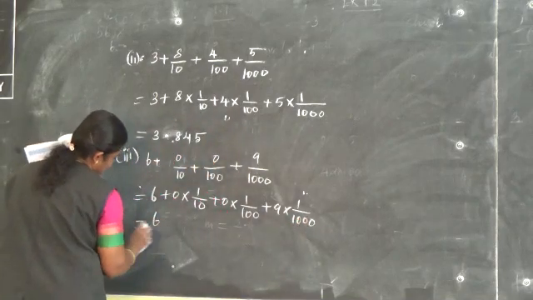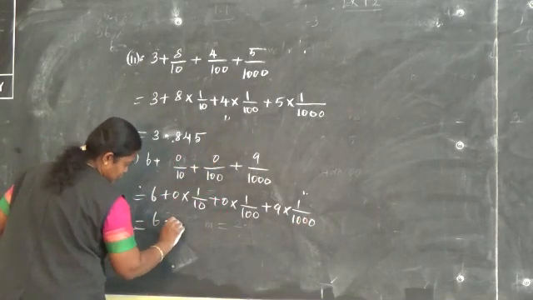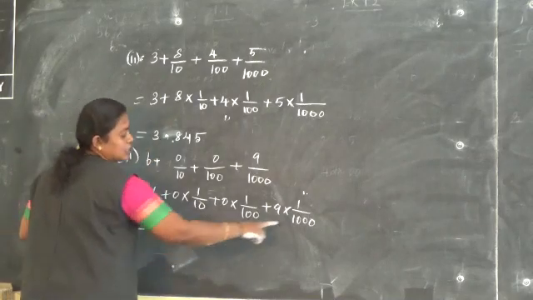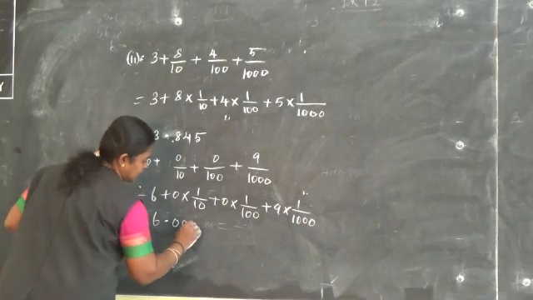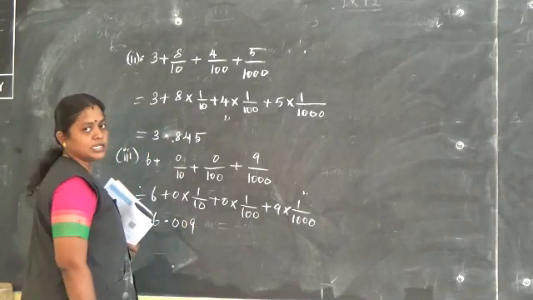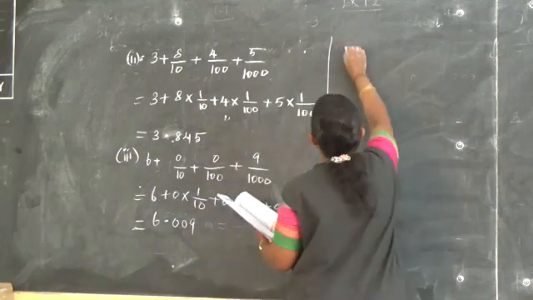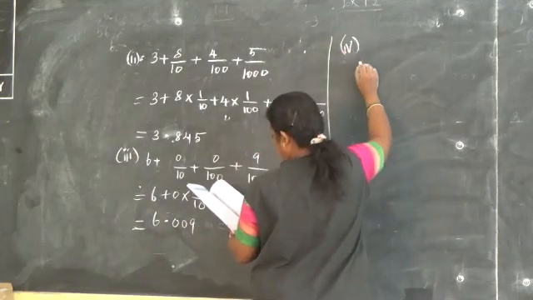So 6.0, no tenths, no hundredths. Here how many thousandths? 9 thousandths. So 6.009. Come to that fourth subdivision.